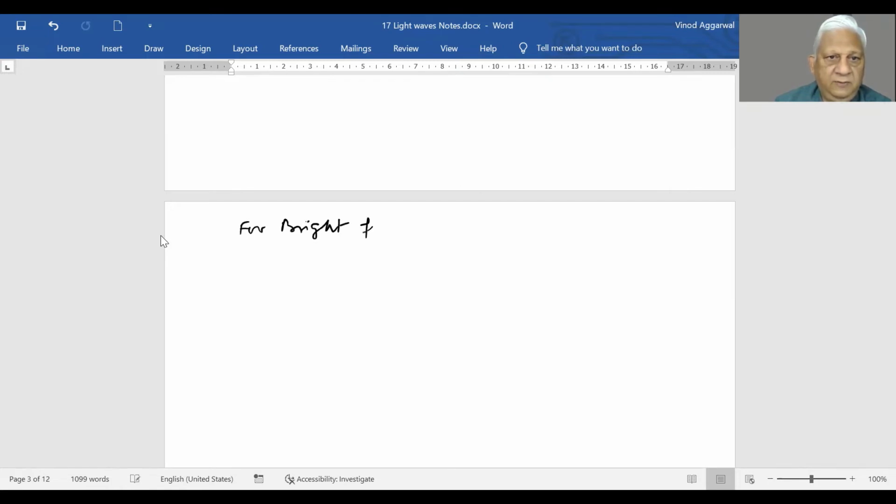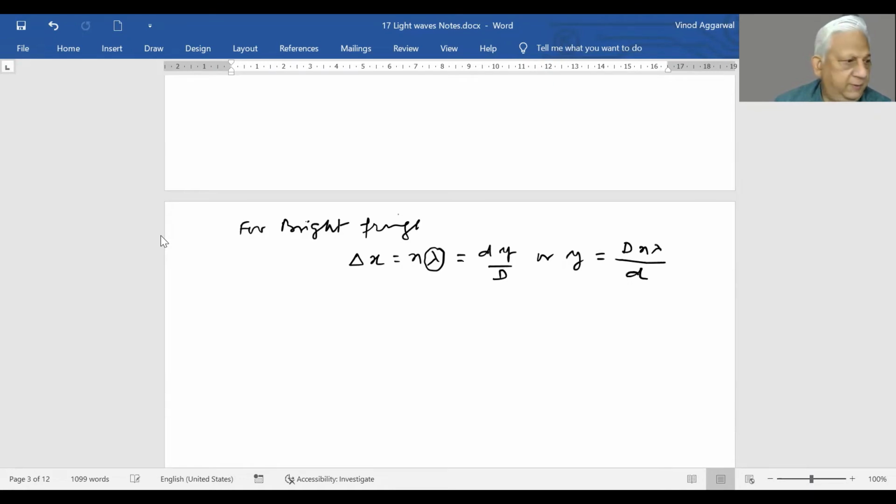For a bright fringe, our delta x should be equal to multiples of lambda, and delta x we have already seen is defined as y d by D, or y can be written as D n lambda by small d, which implies that our y is equal to this.